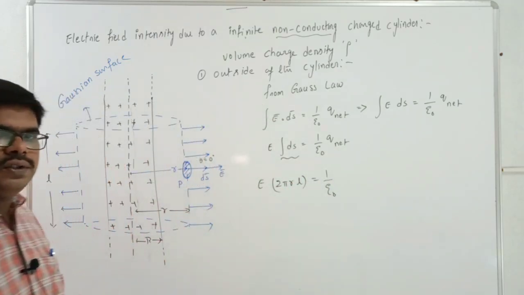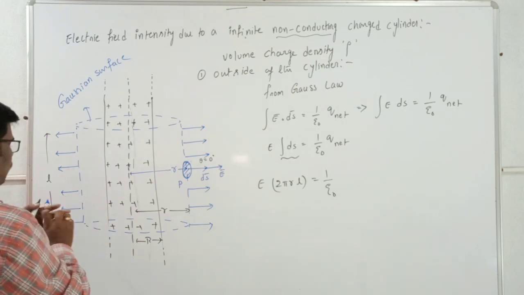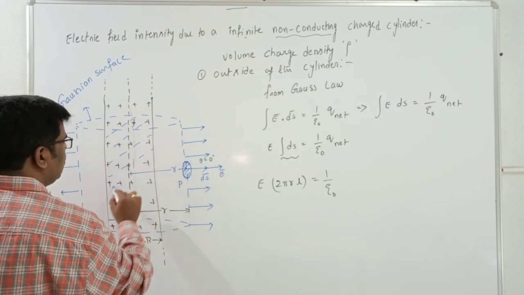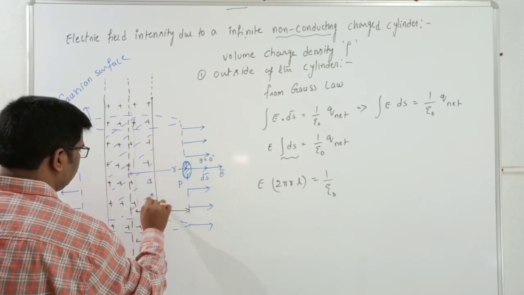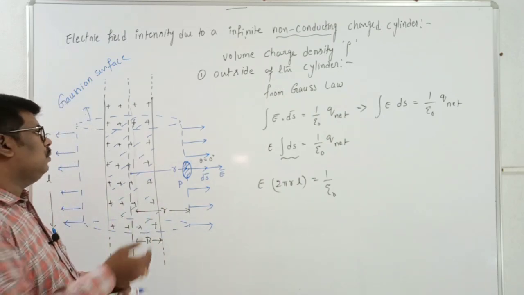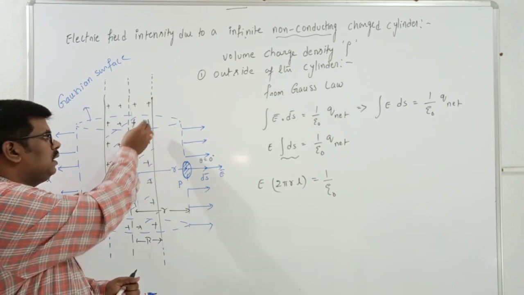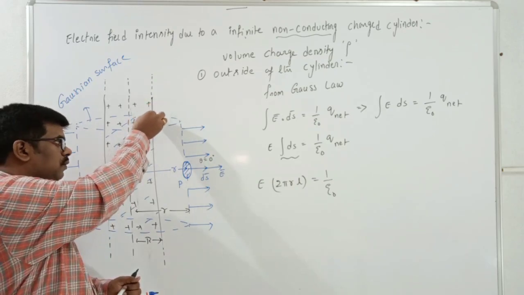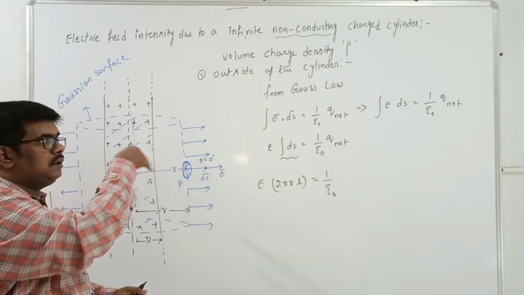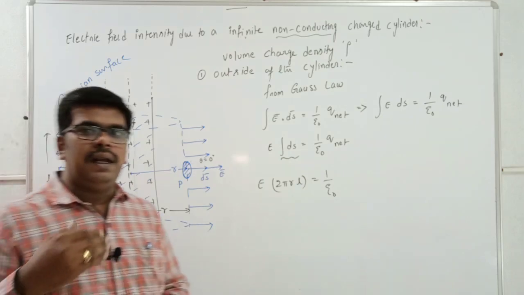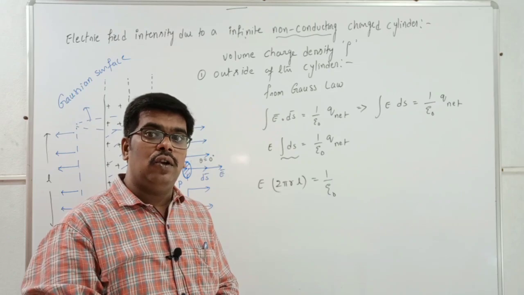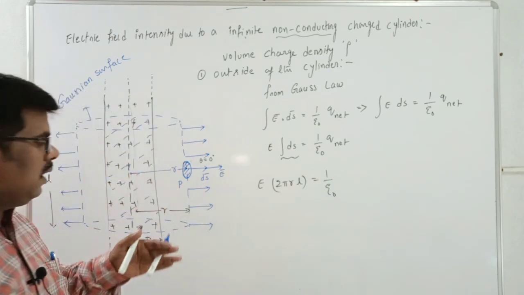Net charge enclosed means how much charge is enclosed by the Gaussian surface, that charge we need to consider. The charge does not reside over the surface alone; inside it is also present. So throughout the body the charge is distributed, and we can find the charge by multiplying volume charge density and the volume of the cylinder, because it is a cylinder shape.